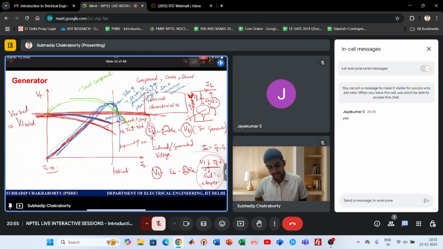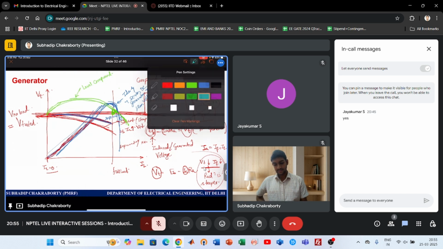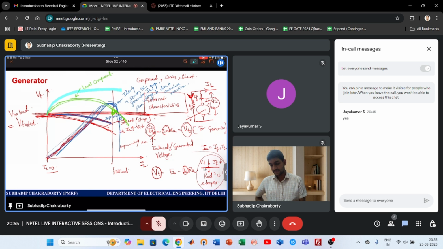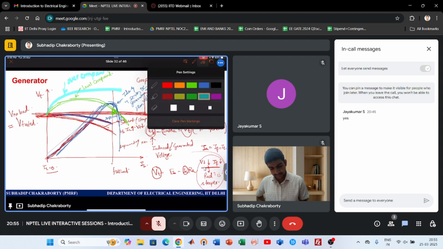Level compound means that at no load and full load the terminal voltages are same. So that is how you term level compound. And that is the over compound. And you have the under compound, right?